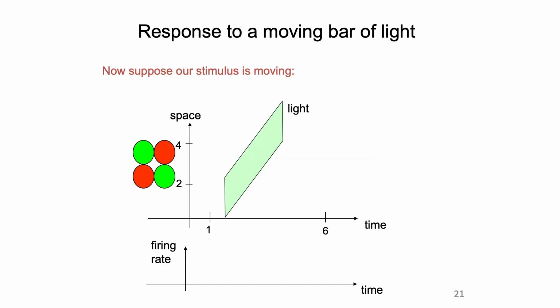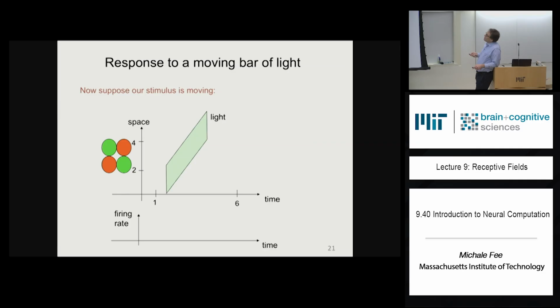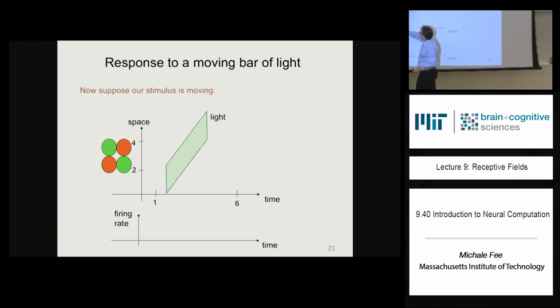Okay, so here we go. Anybody want to take a guess at what this stimulus will do to this neuron? Can you visualize sliding it across? And then what? Yeah, you can see that. So let's describe what this light does.